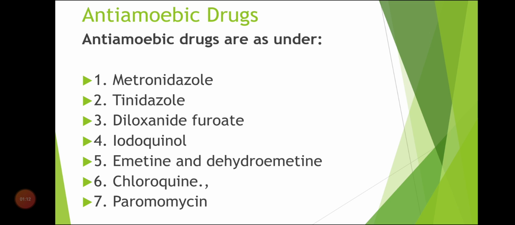In today's section, we are going to see diloxanide furoate, iodoquinol, the drugs from plant origin, and the synthetic derivatives of emetine and dehydroemetine. Then quinoline derivatives, that is chloroquine, and the antibiotics which are used as anti-amoebic agents, including paromomycin and tetracycline.